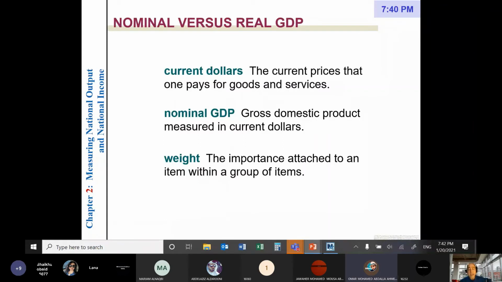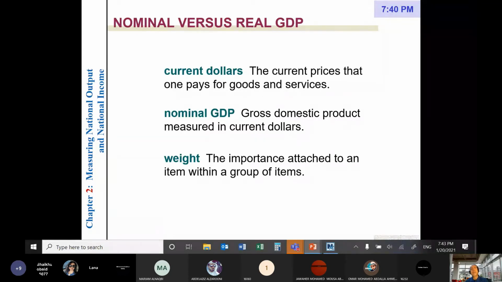Okay. So nominal, just a moment. See here, when we calculate the gross domestic product, when we calculate the market value of any product, we use current prices. We use dirham. For example, just a very easy example. Yesterday, I purchased 2 kilos of tomatoes and I paid 5 dirhams per kilo.